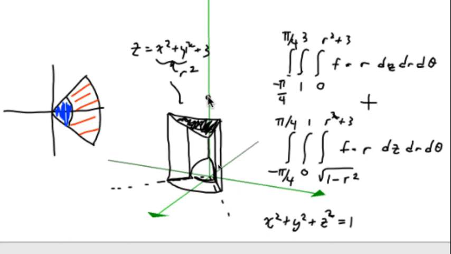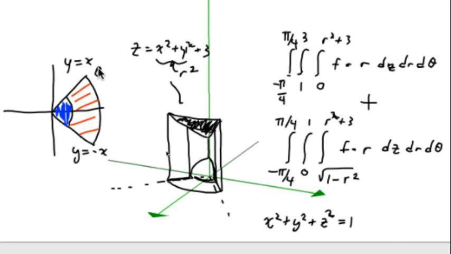Other questions? Last question, yeah. I'm still confused as to where the negative pi over 4 comes from. I know it has to do with it being confined to negative x less than or equal to y, which is less than or equal to x. I don't understand how that translates to that angle. Yeah, so y equals x, what has rate of change 1? It's that line that splits the first quadrant exactly in half.